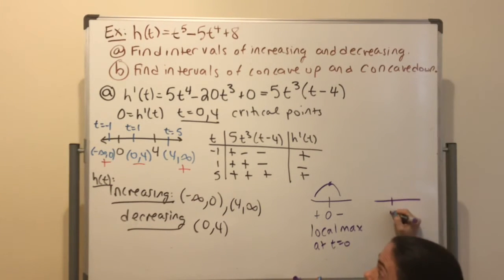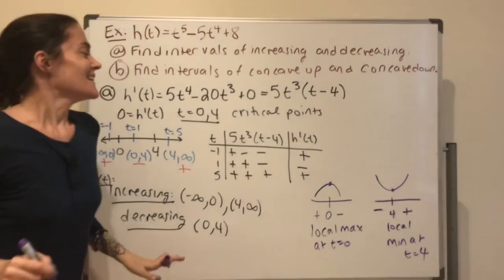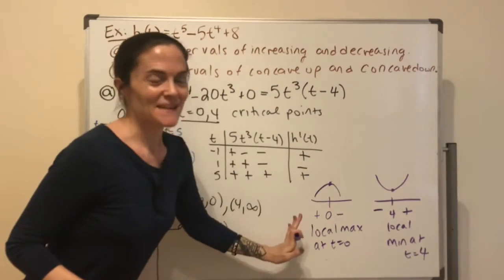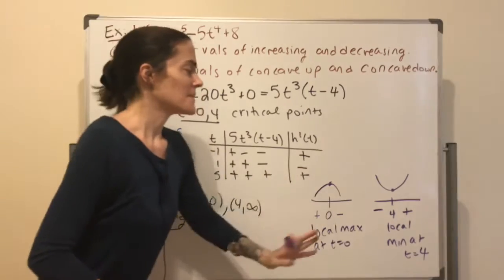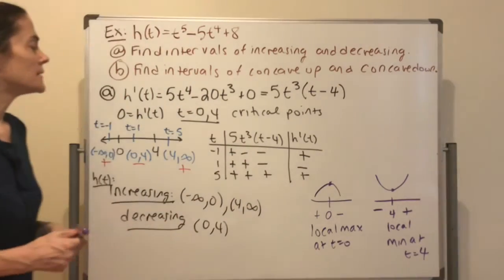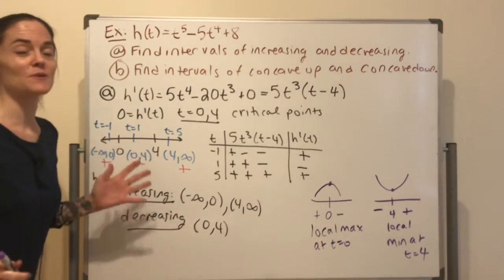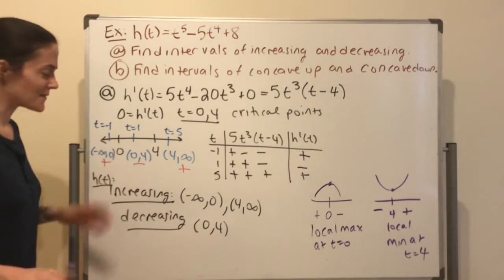And similarly at 4, we are decreasing then increasing. We have a local min at t equals 4. And we will see this when we look at the graph, that we have a local max at t equals 0, a local min at t equals 4. Okay, great. Now let's move into concave up and down.